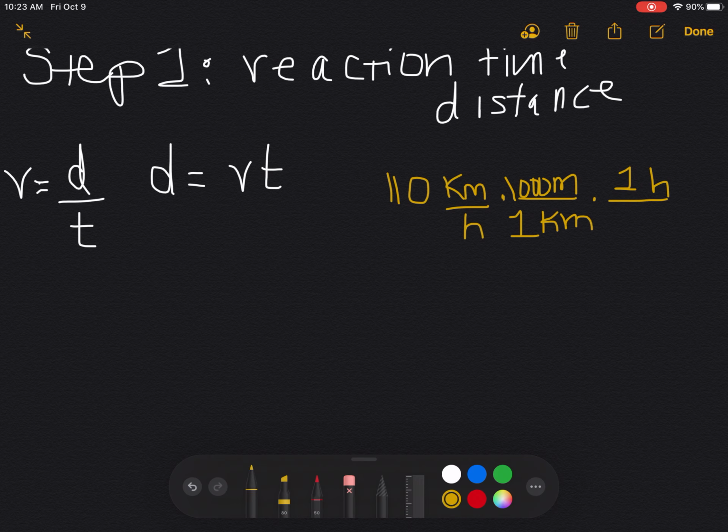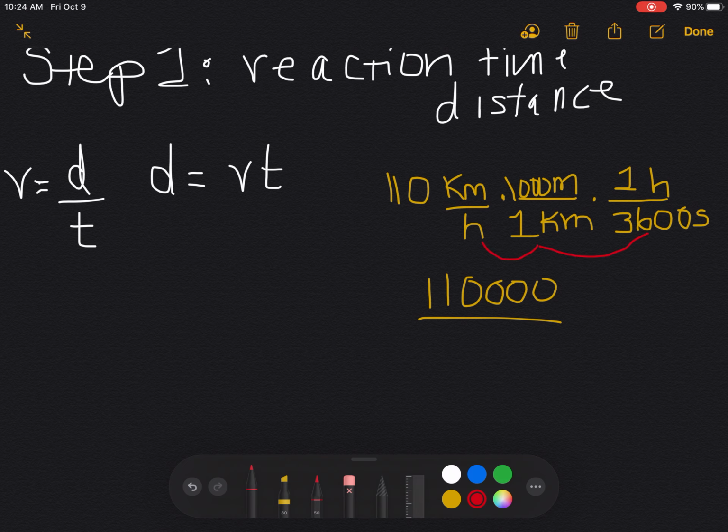Okay, so in 1 hour we got 3,600 seconds. So if we calculate that out in our calculator, which I have just been using my iPhone, you can do this on your phone. We're just multiplying numbers. We would go 110 multiplied by 1,000 times 1, which would give us 110,000. That's on the top. We then multiply out these numbers on the bottom.